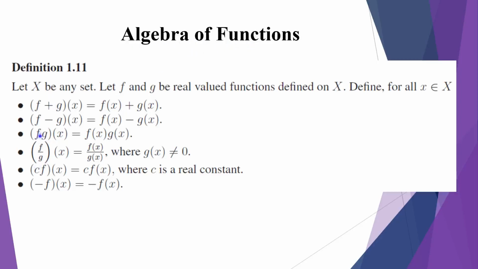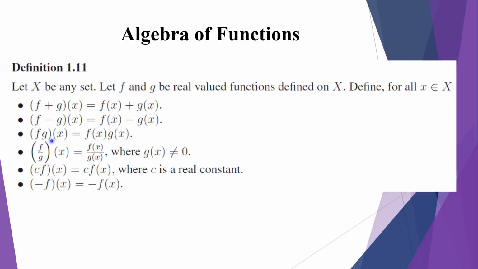Let us see this. f plus g of x equal to f of x plus g of x. Similarly, f minus g of x equals f of x minus g of x.